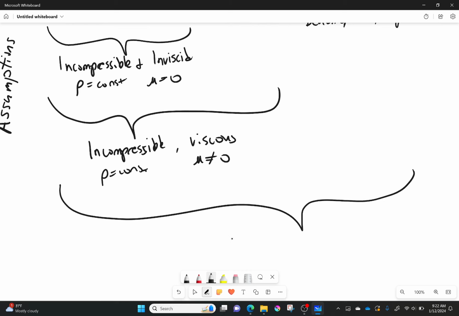We can say that our flow is compressible, so density is actually changing as a function of position in the flow and time, and also our viscosity is not equal to 0. So that would be compressible, compressible, and viscous.